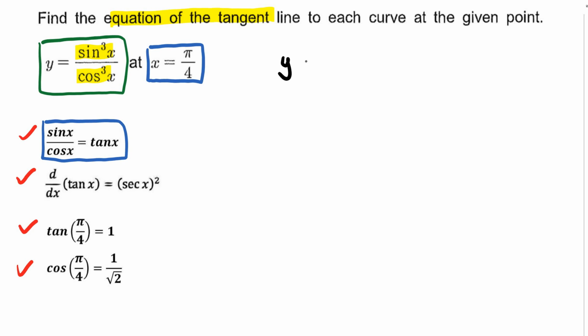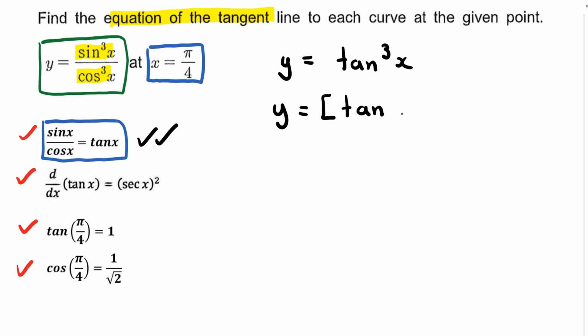So instead of writing sine cubed x over cos cubed x, I can write this as tan cubed x. And that's using this identity right there. This is the same thing as bracket tan x all to the power of 3.